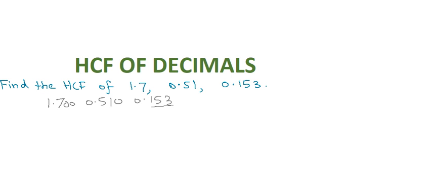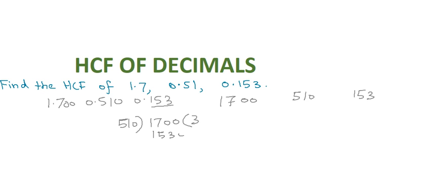So the numbers now become 1700, 510, 510 and 153. Now we will be dividing using the division method to find out HCF. So we can use 3.